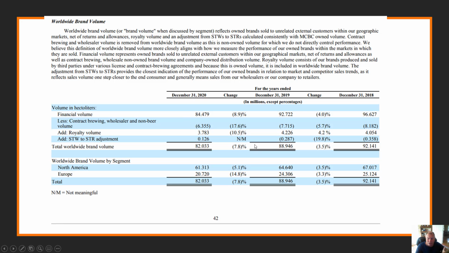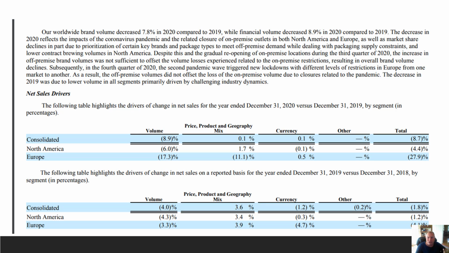So they tell you where it is, between North America and Europe. So you can drive your way down. This is not something that should have taken you a long time. Start with the 10K, walk your way through it, and you're going to see this stuff across the board.